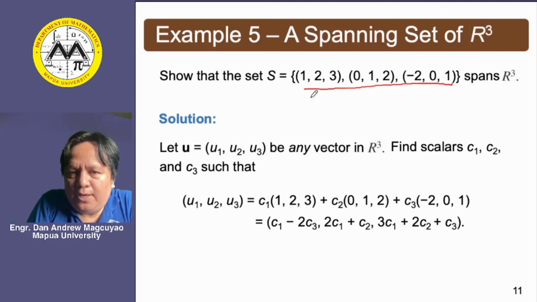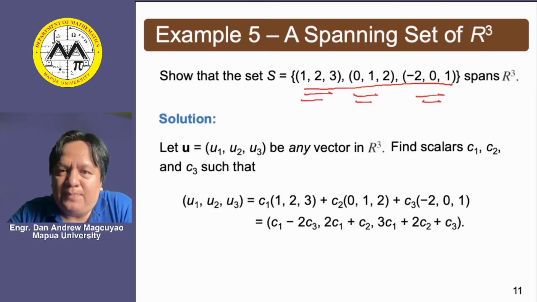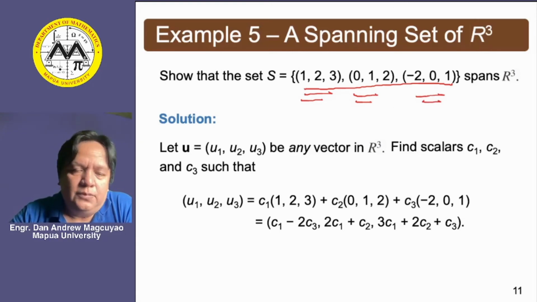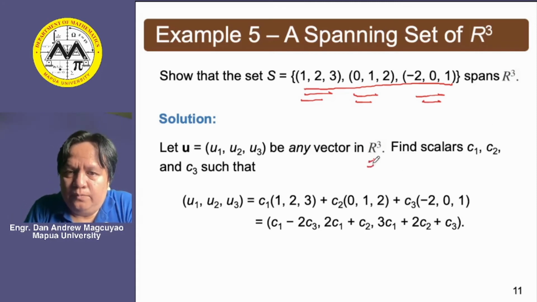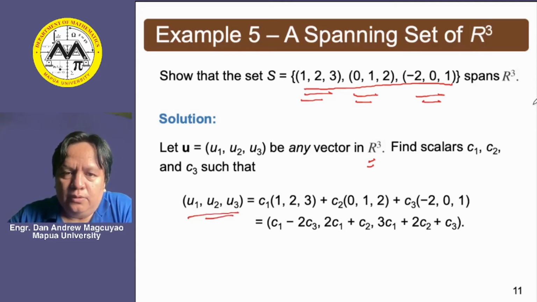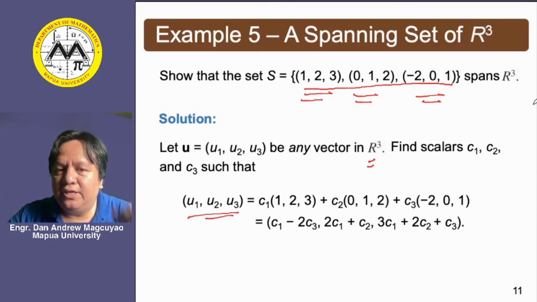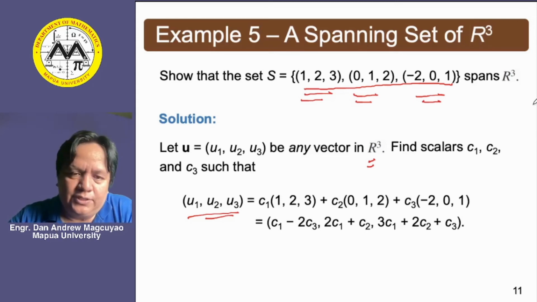Now, what we want to do is to check whether the linear combination of these vectors forms a span for R cube. So let U be equal to the set of vectors U1, U2, and U3 in R cube. We're going to find the scalars C1, C2, and C3 such that all the vectors U can be represented by a linear combination of these vectors.